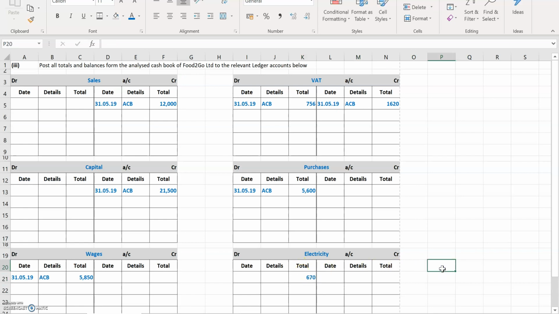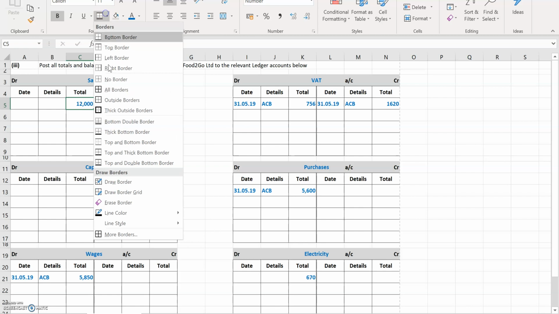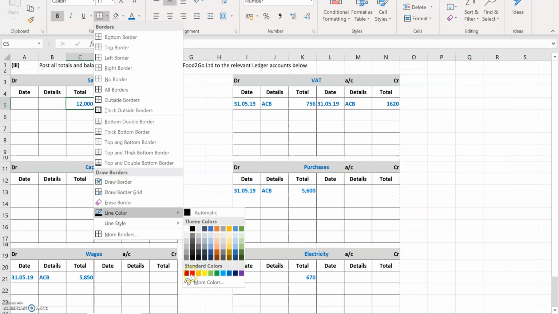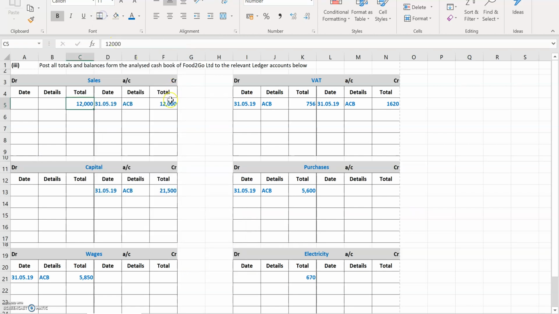So that's all our entries added in. And the last thing we do then is we have to balance them off. So in our sales, we know debits and credits have to be equal. So they're not equal, so we need to put 12,000 on the debit side to make it equal. The date when we balance them off is always going to be at the end of the month, so 31st of the 5th, 19.